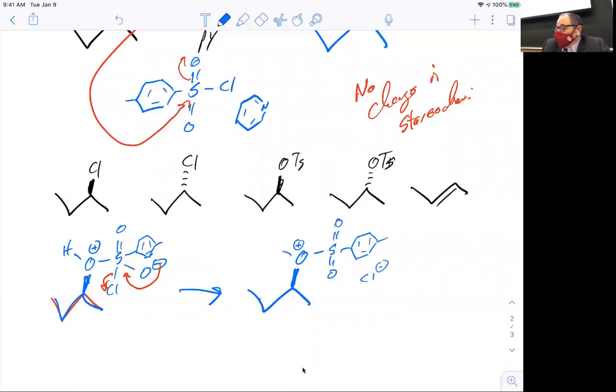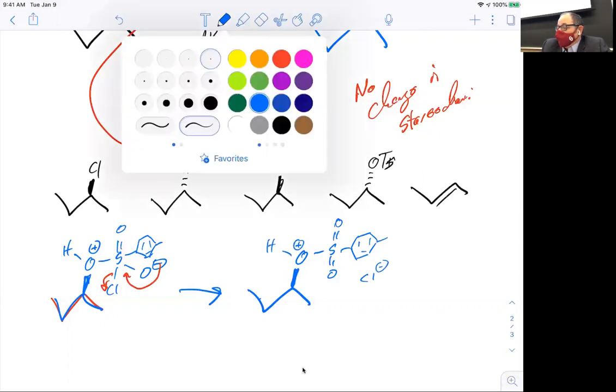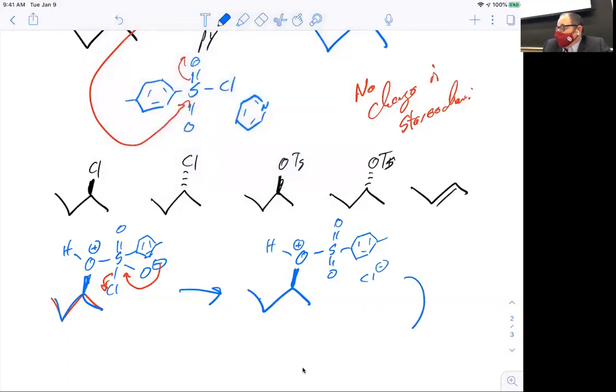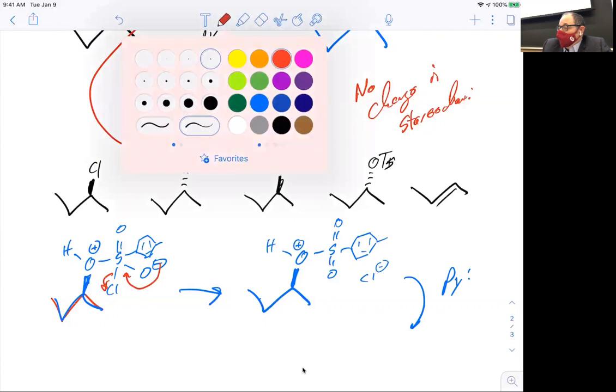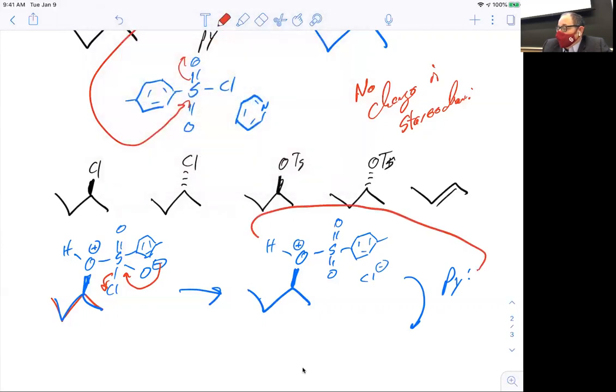We have the positive. And then the last step is that pyridine coming in and pulling off that proton.